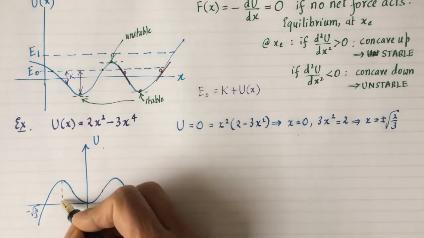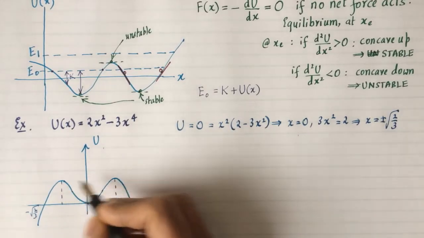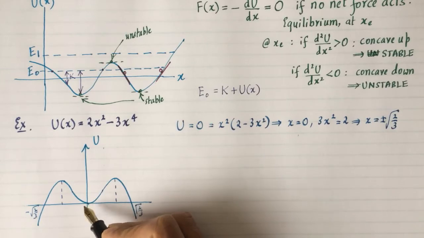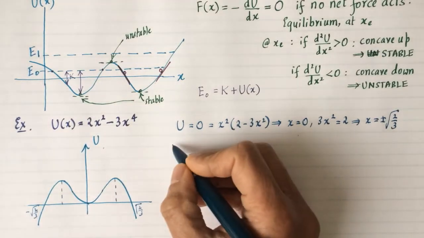Now we have to also figure out what the special equilibrium points are. There are going to be 2 unstable equilibria and 1 stable, just by looking at the figure. Let's see if calculus gives us the same insights. So to calculate the equilibrium points, you just have to take the derivative, because the force is the negative derivative of the potential.